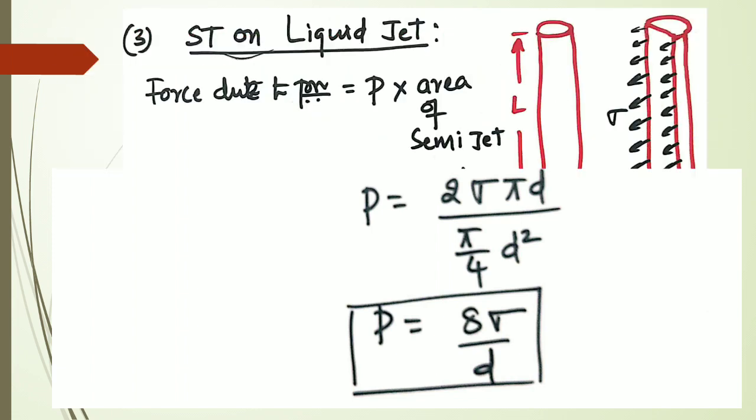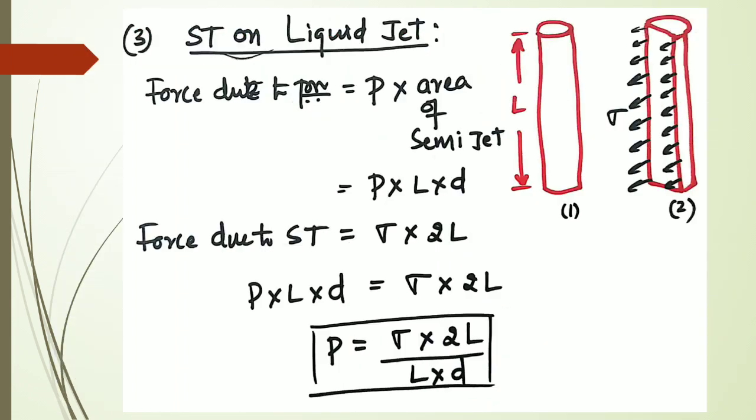Same thing for a liquid jet. If L is the length of the liquid jet, and sigma is the tensile force when it divides the fluid, so tensile force will be acting. Force due to pressure is pressure into the area of the semi-jet, that is pressure into L into D. Force due to surface tension is sigma into 2L.